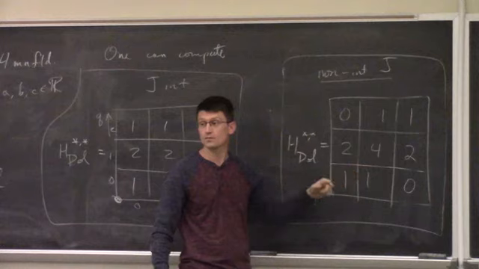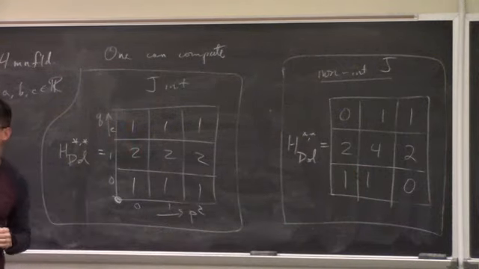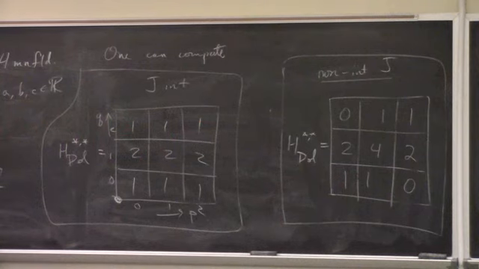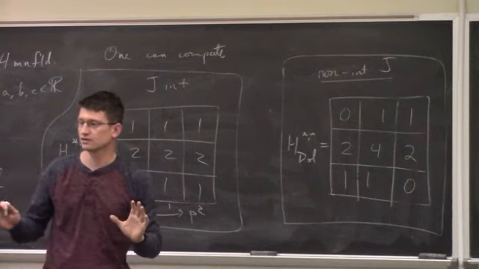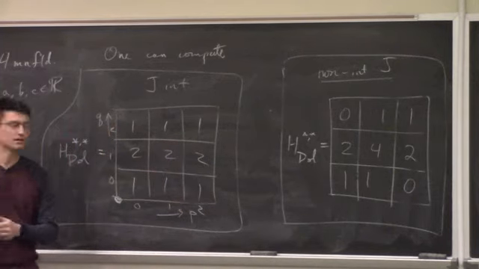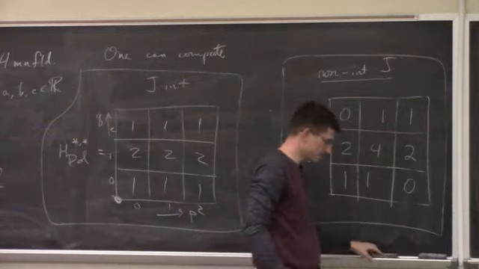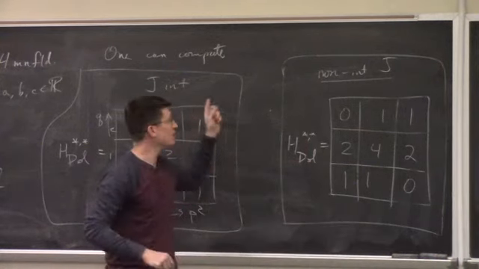I don't have a general argument in arbitrary dimensions, but in dimension 4, it works. Nice. There's something else interesting going on here, which is that you can take this J and connect it by a path to this one.